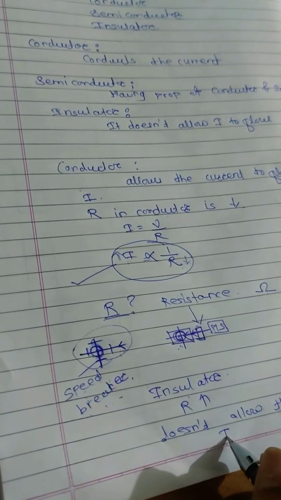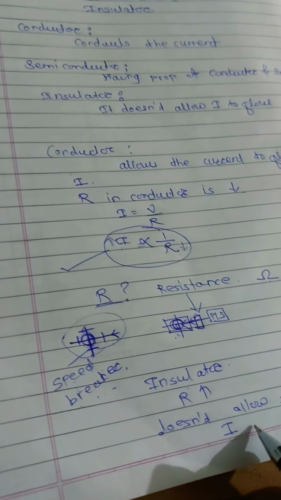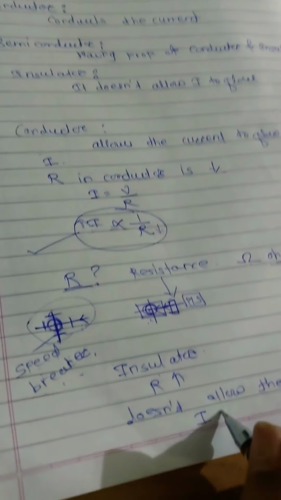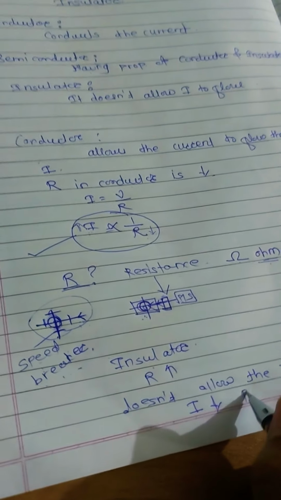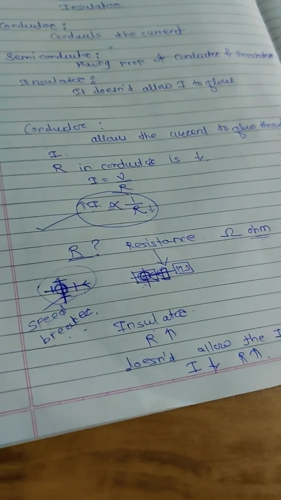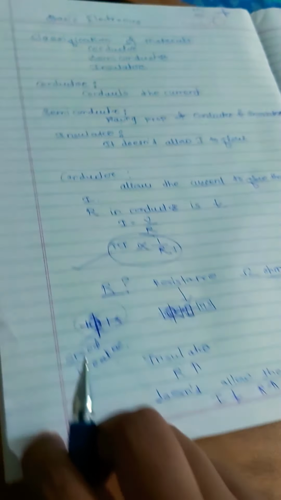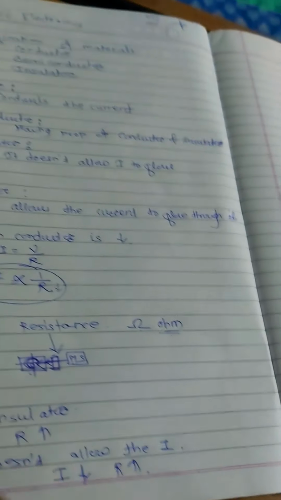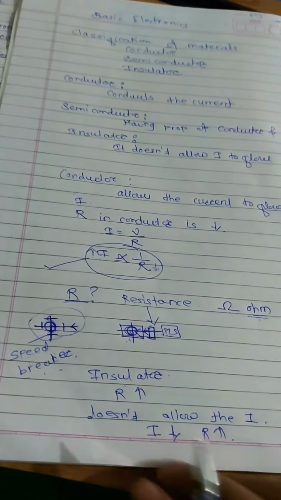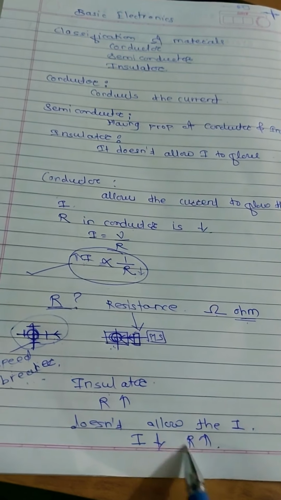Because I is low, R is high. So this is what matters in the conductor and the insulator regarding resistance.